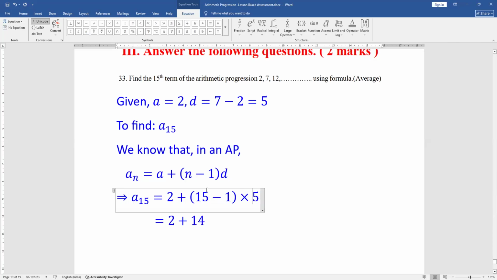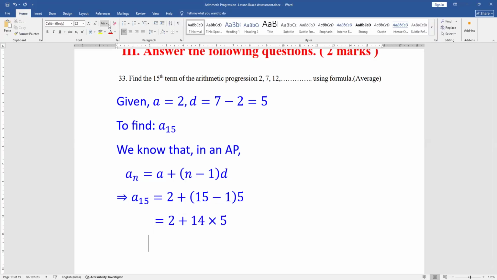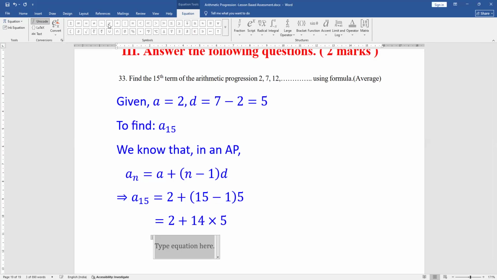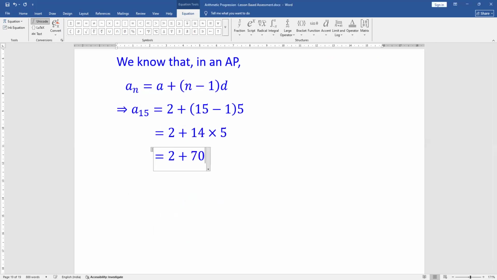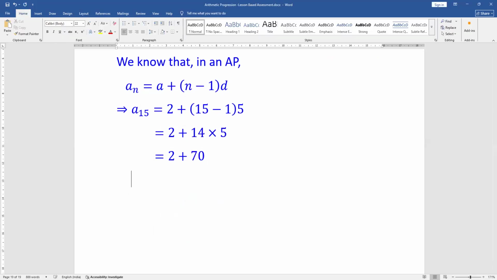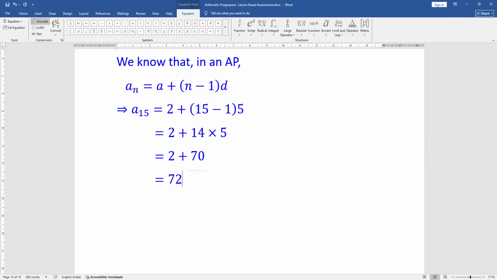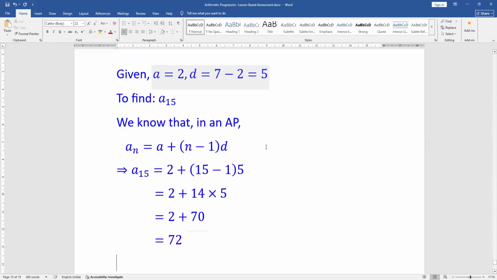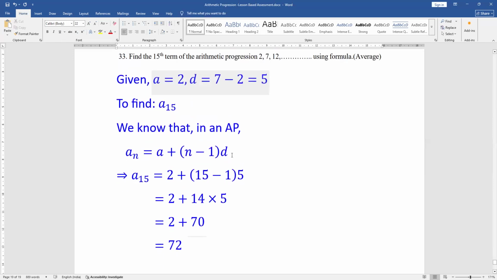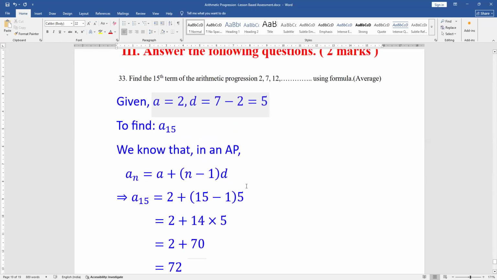Into 5. In the next step, what I write is equals 2 plus 14 fives are, so 14 fives are 70. So 2 plus 70 will be equal to 72. Okay, so such a very easy question. It carries 2 marks.